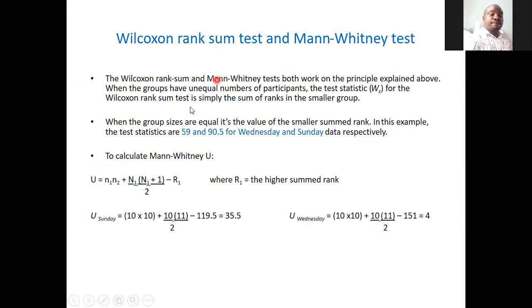When you have done that, the formula for it is the sample size of each, n1 times n2. Then for the higher rank: n1 plus n1 plus 1, in brackets, multiplied by n1 plus 1 minus r1, which is the higher rank sum.